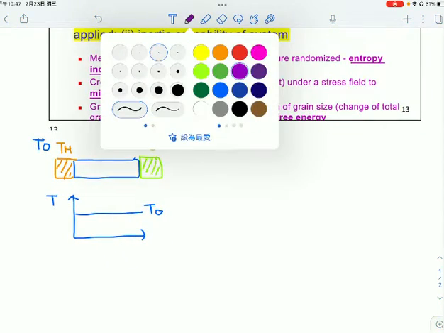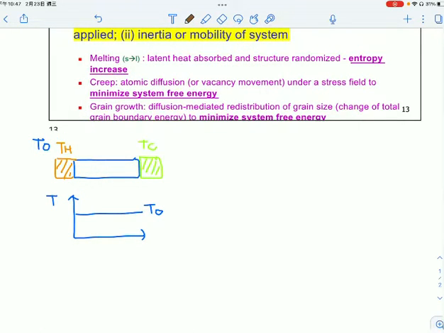Let me enlarge this one. So in the beginning, the temperature probably goes this way, because at the left-hand side the temperature will increase, and at the right-hand side the temperature will decrease.